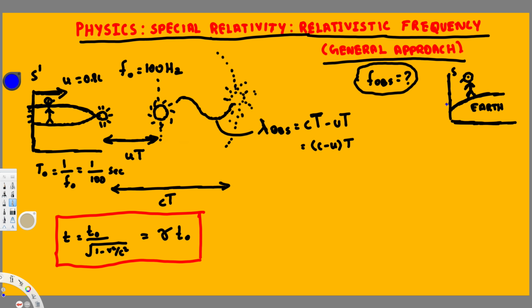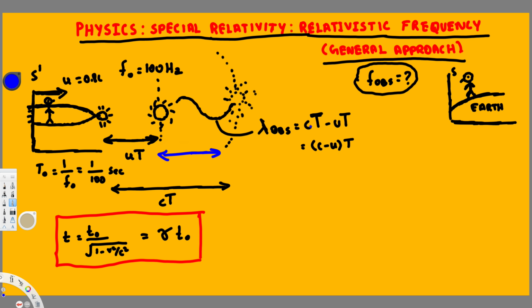Now let's see how we can find it. If you notice, if the light has traveled this far, this spaceship has traveled this far, and light has traveled this far, therefore the wavelength lambda observed by the person on the earth is going to be this distance only, right? This distance lambda observed can be calculated by the distance the light traveled minus the distance the spaceship traveled.